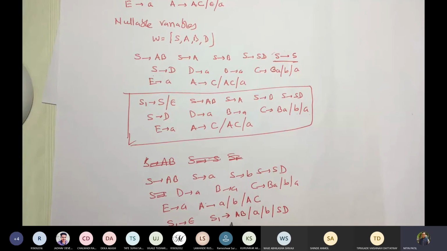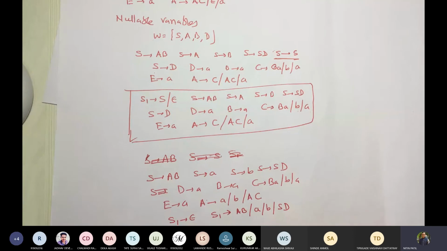This is because S is nullable and occurring on the right side. If it is not occurring on the right side, then we will not write this. Only S1 gives epsilon will be there. So whatever the productions for S are added here, they would be given to S1. Fine? Understood?